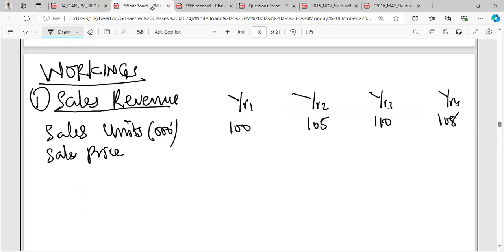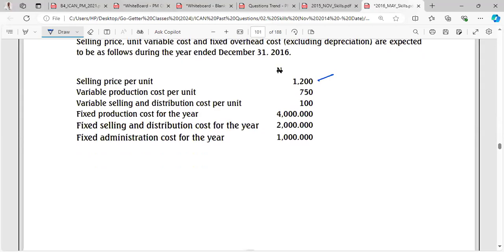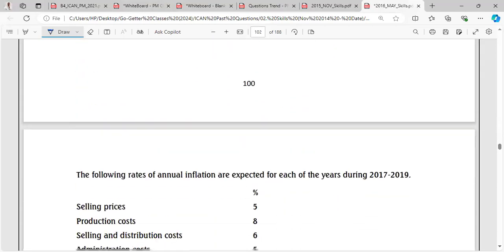This is going to be 1,200 times. Why am I putting times? I'll come back to it. This is supposed to be, we are looking at inflation.